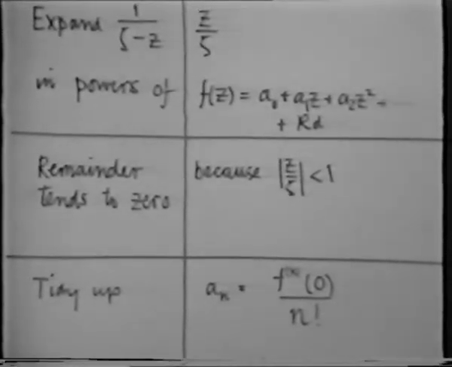But the important thing for our purposes is to remember that it works because z lies inside C, and so when zeta is on C, mod z over zeta is less than 1. And finally, we tidy up, and by that I simply mean that we recognize that the coefficients a sub n are given by the usual things for Taylor's series.